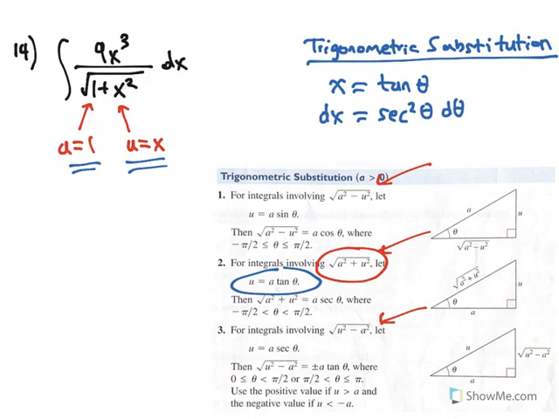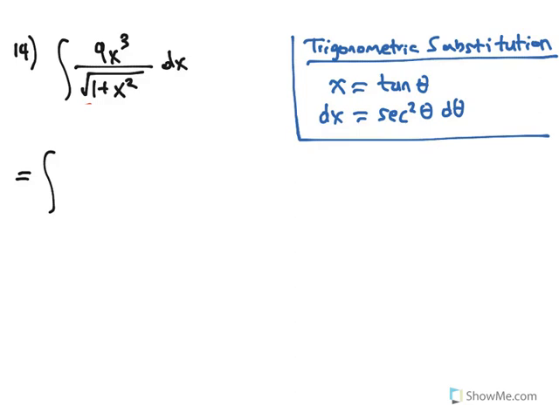The next step is to change variables using our trigonometric substitution. After we're done changing variables, nothing should be in terms of x and everything should be in terms of theta. We can begin by looking at dx. We will replace dx with secant squared theta d theta. In the numerator we have 9x cubed.